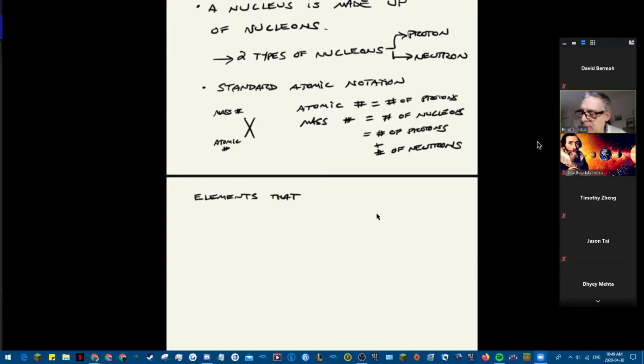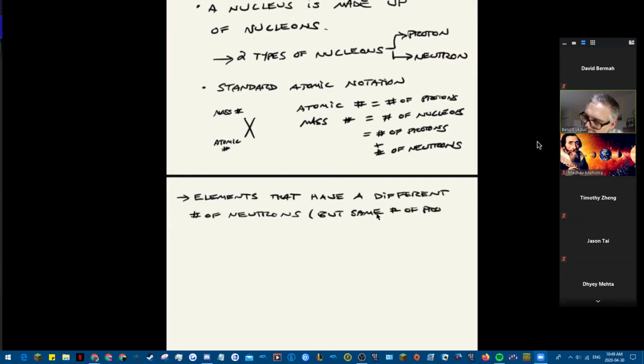So elements that have a different number of neutrons, but the same number of protons, are called, or does anyone remember what they're called?